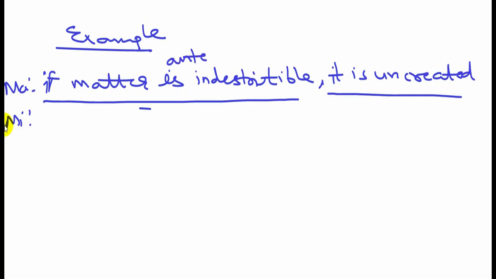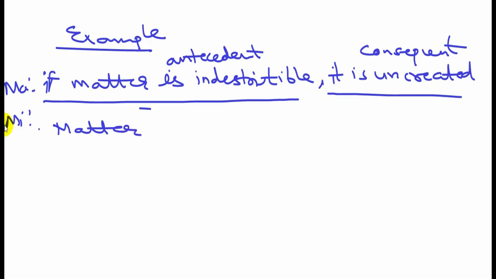This is the antecedent, the first one, and this is the consequent. So the minor premise denies the consequent. It says matter is not uncreated.